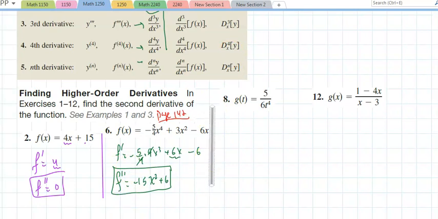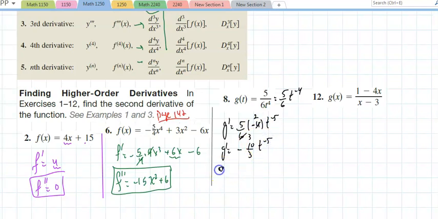Quotient rule is a bit of a challenge, except this one we can manipulate a bit. If I take the first derivative, that would be 5 over 6. Bring the power down, subtract 1 from the power. So the first derivative is negative 10/3 t to the negative 5.